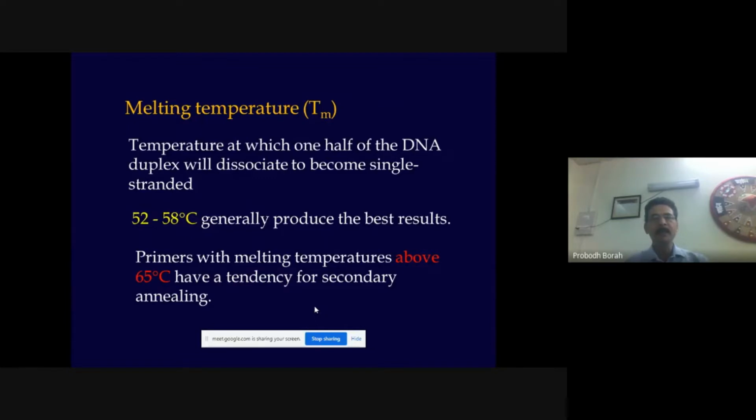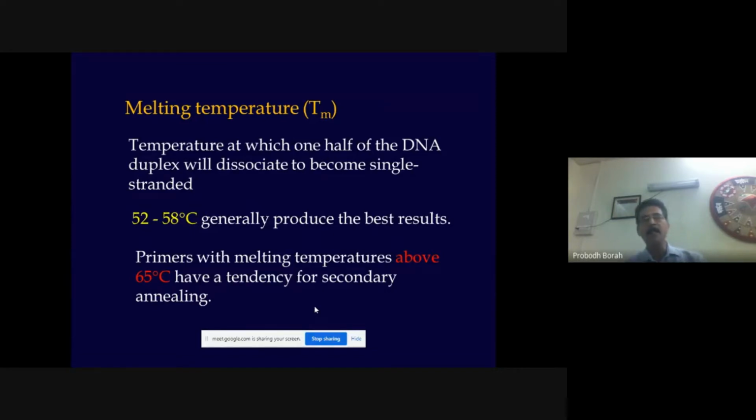If at a very low temperature the primer gets dissociated from the template, then it is not a good primer. Similarly, if it requires a very high temperature to melt, it is also not a good primer, because during the process of PCR, we shall have to allow fluctuation of temperature from denaturation temperature to annealing temperature, then annealing temperature to extension temperature within a short period of time.